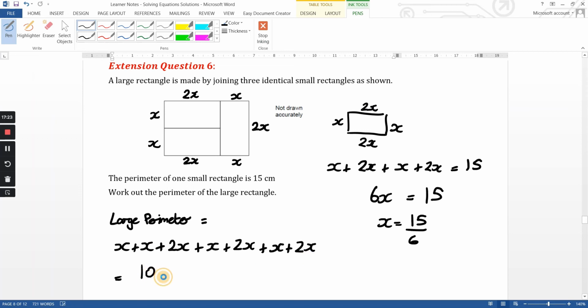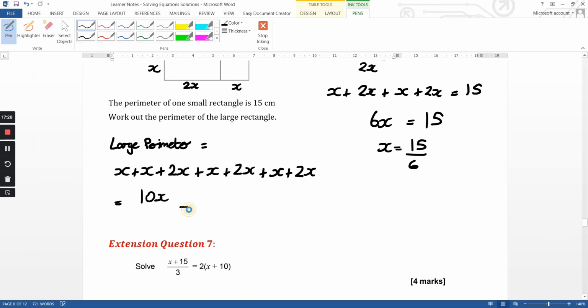Oh, that's convenient. 10x. So that's going to be 10 times this. Let's just do it like this. Can we simplify?